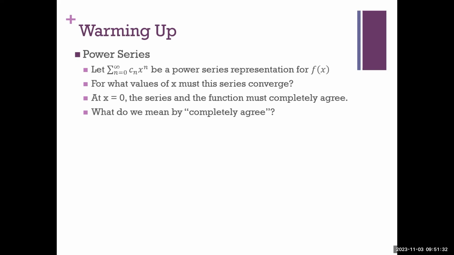So that vanishes. What's the derivative of this? C1. This one is 2C2x, plus 3C3 x squared plus 4C4 x to the third.